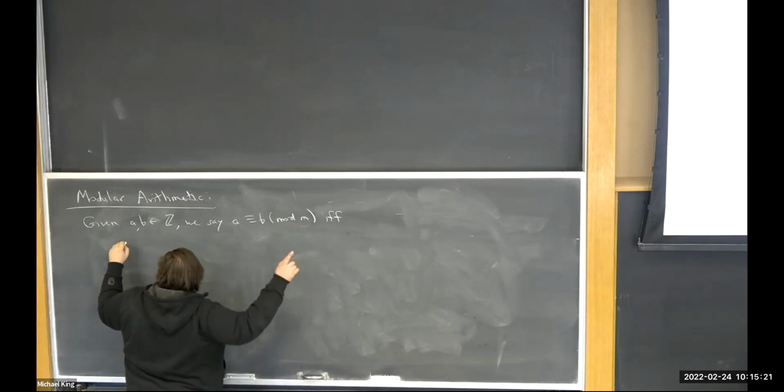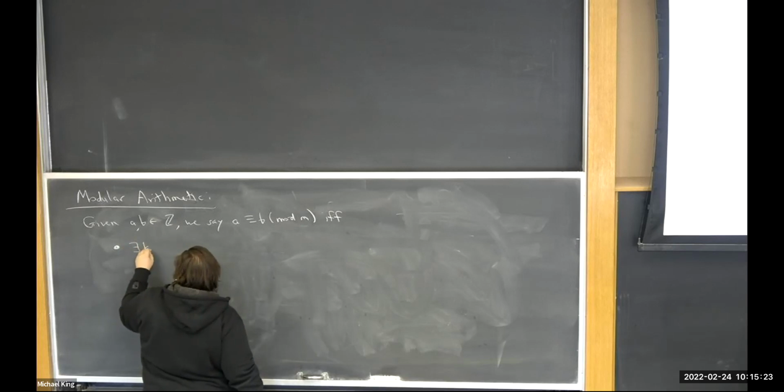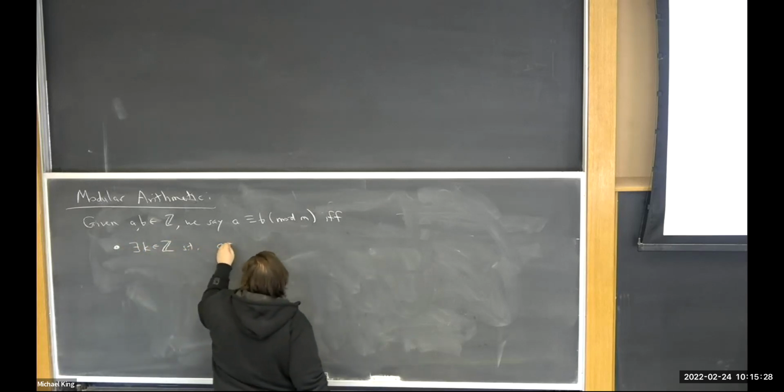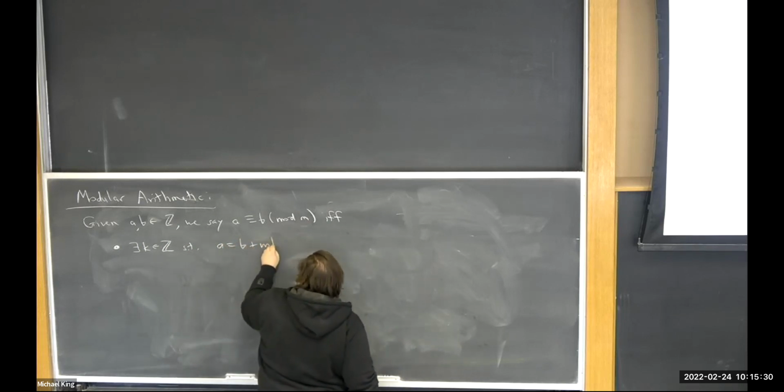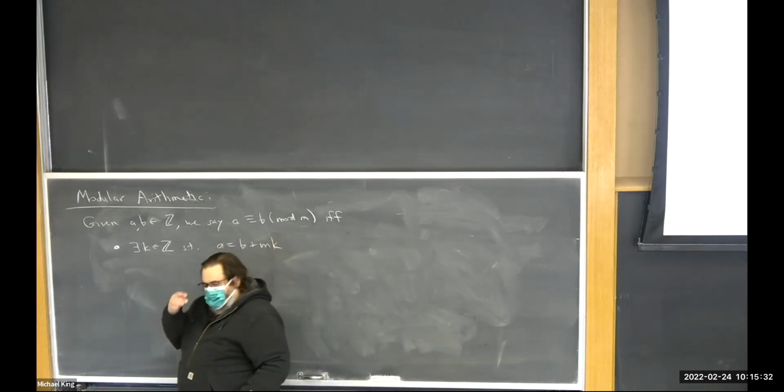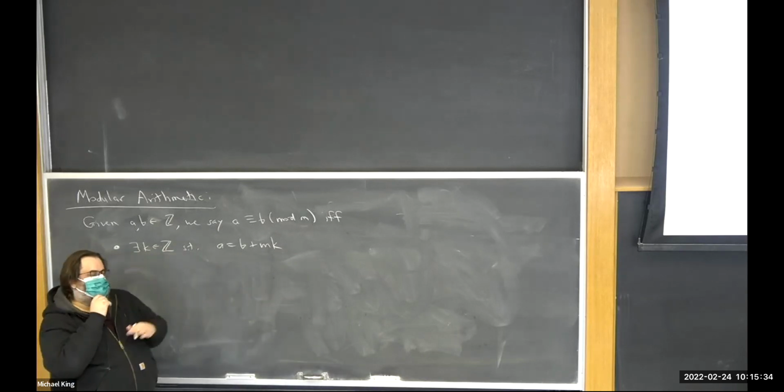You could say there exists a K in the integers such that A equals B plus MK. So the idea was that they're off by a multiple of M from each other.